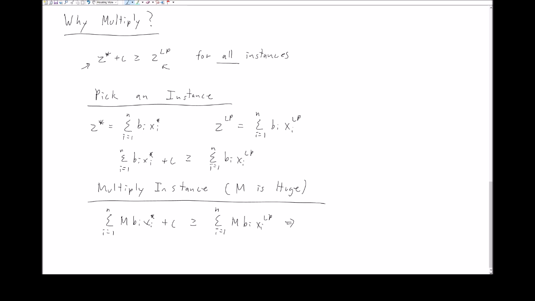What's interesting is that when we've multiplied this instance, we really haven't changed the actual variable values x_i star and x_i LP. These variables are actually going to be the same. And so this implies that if I take the sum from i equals 1 to n of b_i x_i star plus c over capital M, and divide everything by capital M, I get a valid inequality.